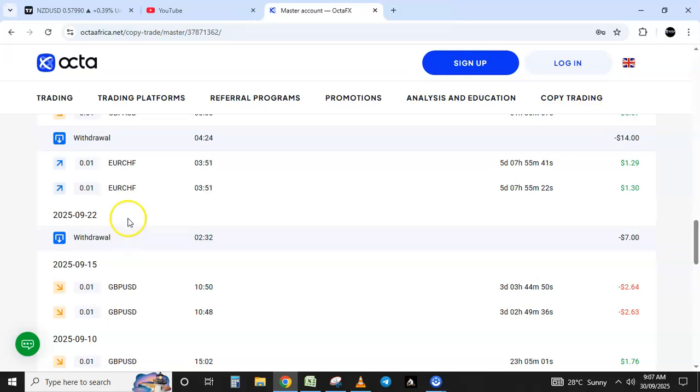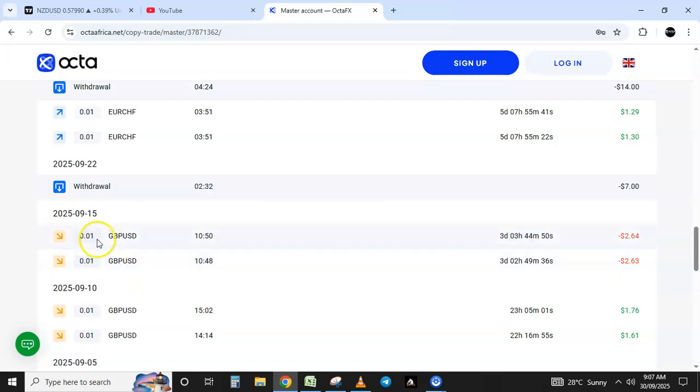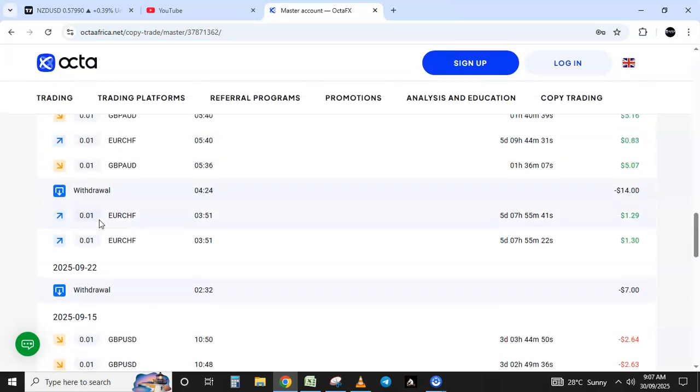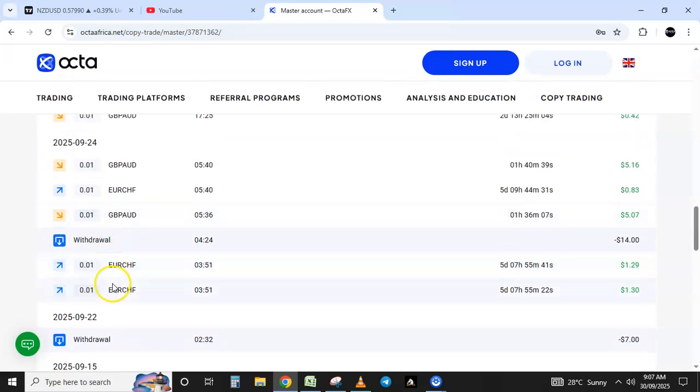The next trade came up on the 15th, just to show you that opportunities are not always there from the way we trade, but once it is there, we capitalize on it. After the 15th, the next trade came on the 22nd, which is Euro Swiss.